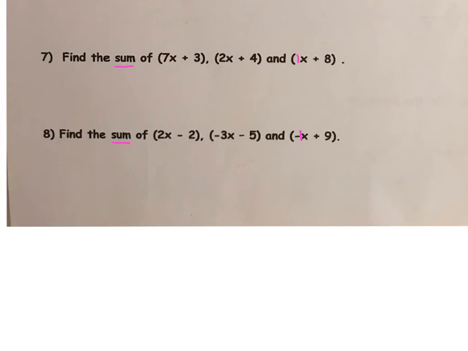And now we're going to stack like terms. 2x minus 2, we typically lead with the x term followed by the constant. Negative 3x minus 5, and negative 1x plus 9. Draw a line and combine.